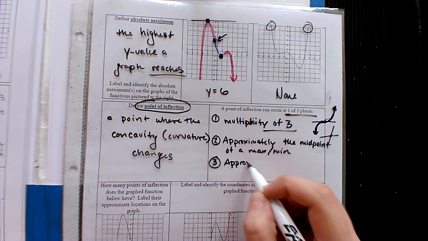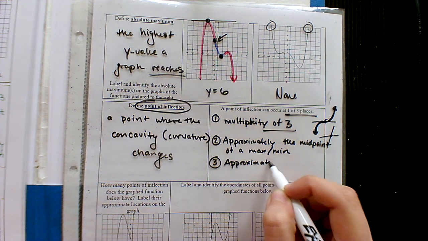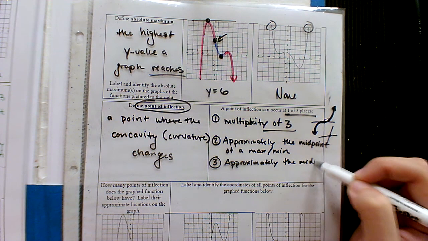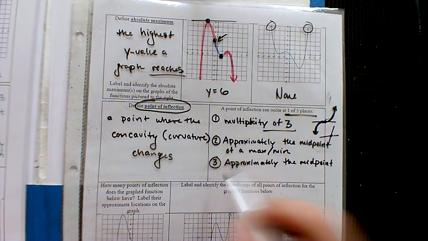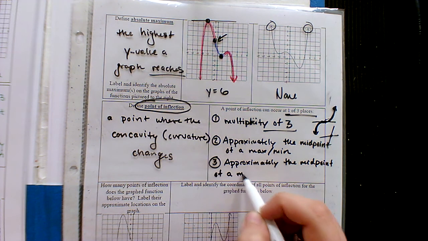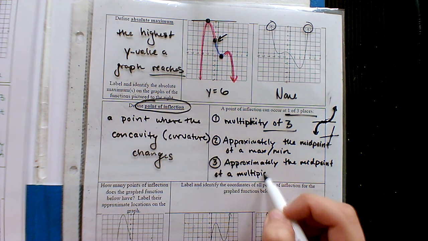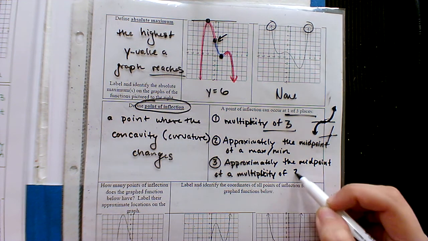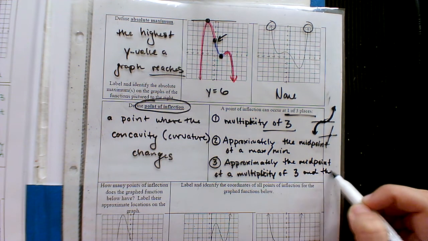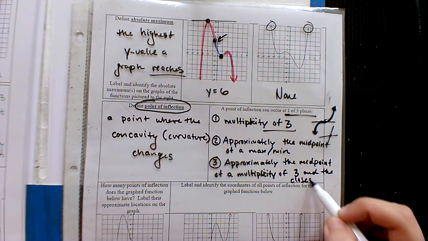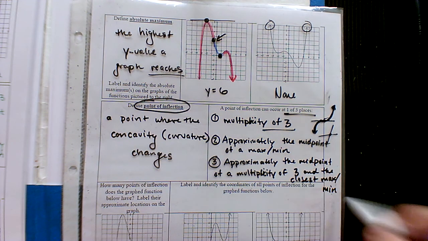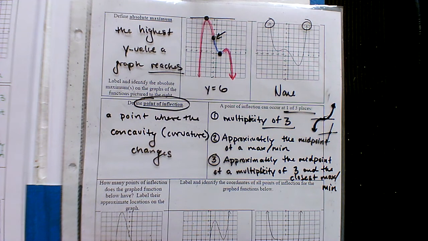The last one, the more difficult one for students to remember, is approximately the midpoint of a multiplicity of 3 and the closest max or min. And we'll see an example of that so it can kind of sink in.